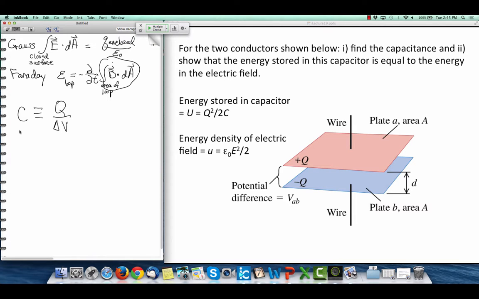So how do you find, well, Q is just the charge. If you want to find capacitance, I should call this one 1, 2, and 3.